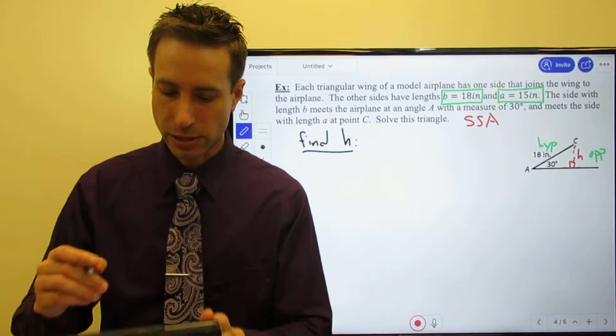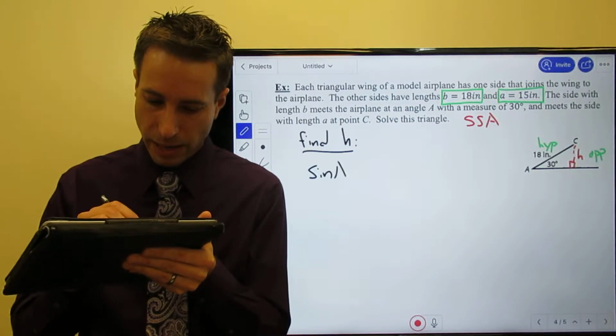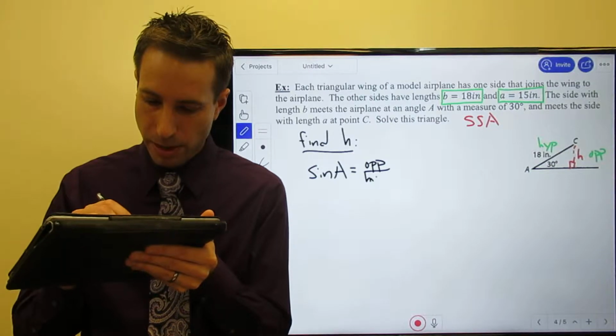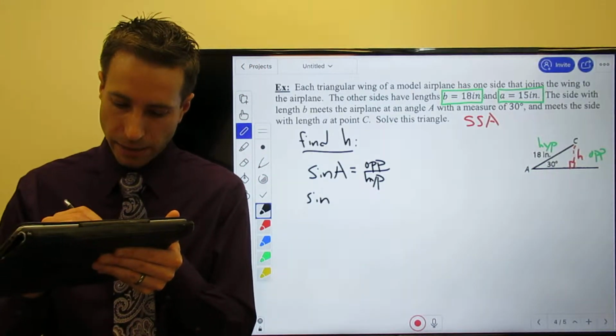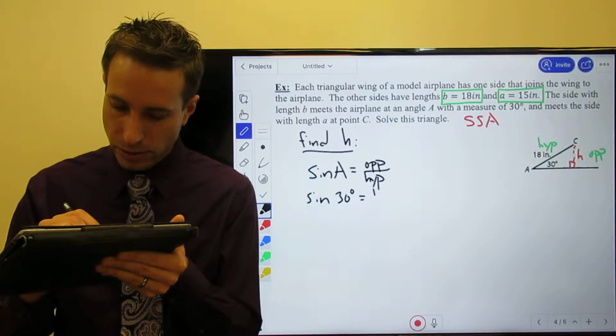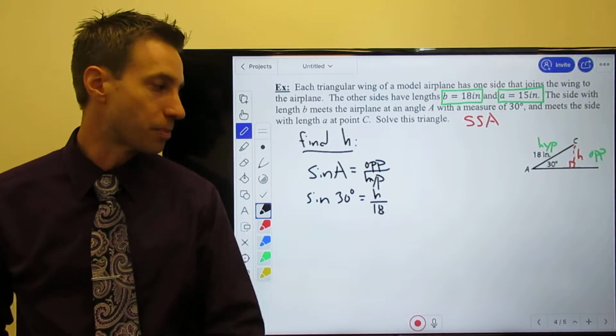Yeah, you bet we do. Sine. So, sine of angle A will be equal to the opposite over the hypotenuse, and we go ahead and plug in what we know. Sine of 30 degrees is equal to the opposite side, H. That's what I'm trying to solve for. The hypotenuse is 18.